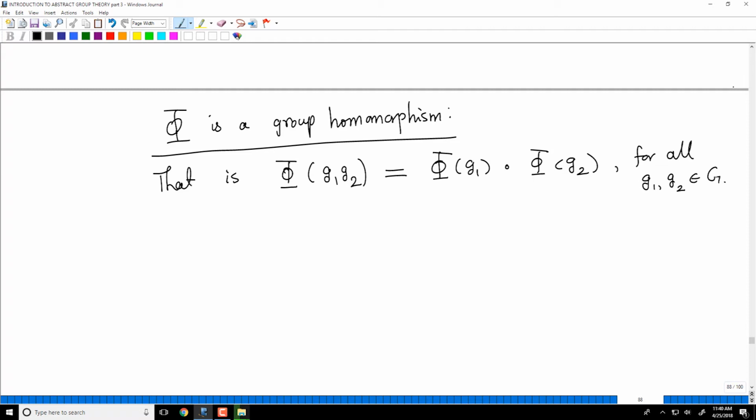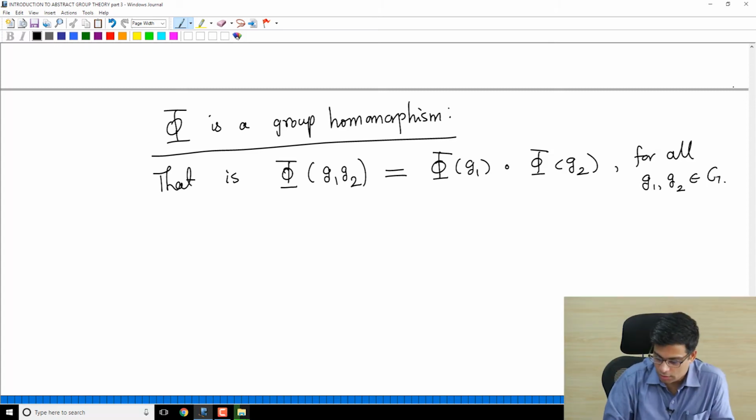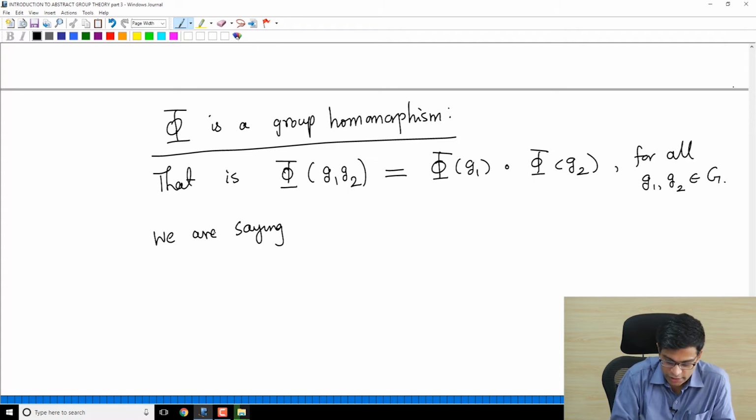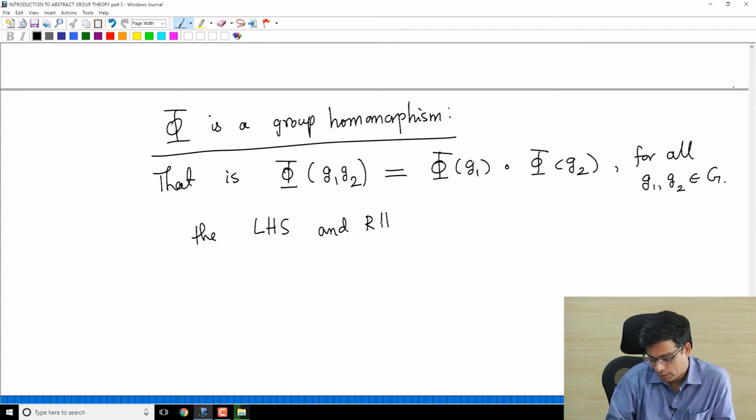Okay, so let's check this. So now we are saying two functions are equal because capital phi of g1 g2 is a function. First let me say the left hand side, LHS, and the right hand side, RHS, are both functions, right? What are they really?